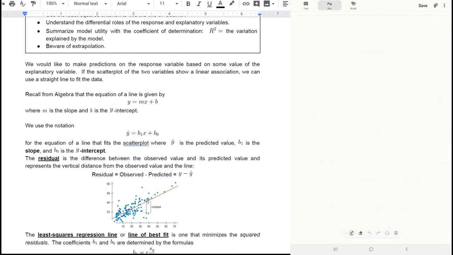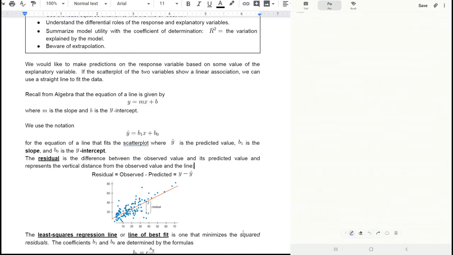We'll call the predicted value y hat, and the vertical distance between the observed value and the value that is predicted by the line is called the residual. Now the line that will best fit the data is called the least squares regression line, or the line of best fit, and is the one that minimizes the squared residuals.